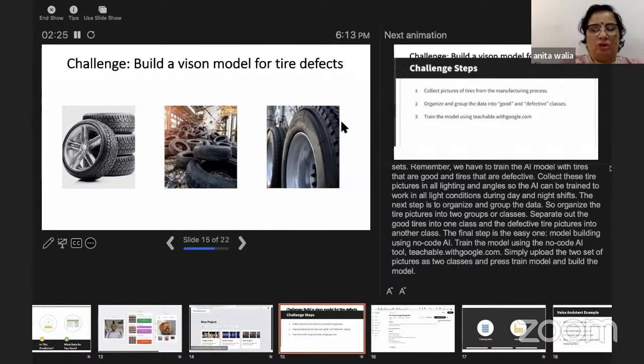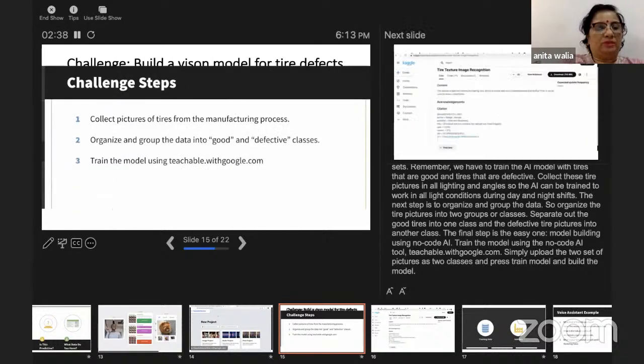Once you train the model using no-code AI, it will tell you when it identifies. Suppose you give any kind of non-defective or defective tire, it will immediately tell you and predict whether this is one. So these are the steps which you have to do, and this you have to do on your own.